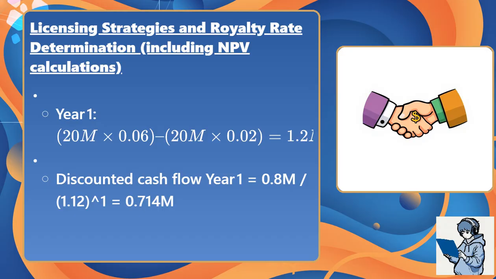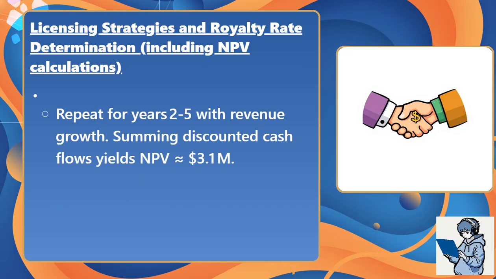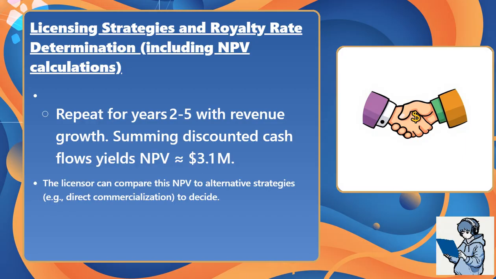Discounted cash flow year 1 equals 0.8 million divided by (1.12) to the 1 power equals 0.714 million. Repeat for years 2 to 5 with revenue growth. Summing discounted cash flows yields NPV approximately $3.1 million. The licensor can compare this NPV to alternative strategies, for example direct commercialization, to decide.